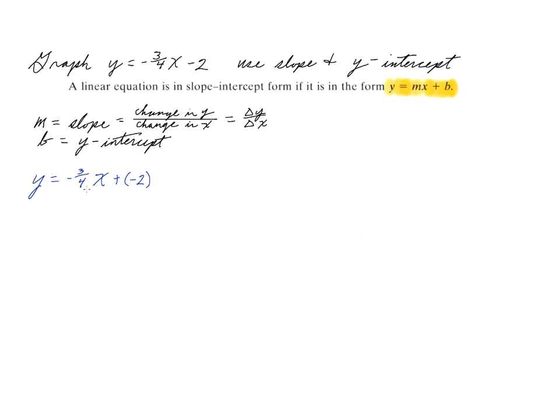So now we have it in the form of y equals mx plus b, where m, the slope, is negative 3/4, and b, the y-intercept, is negative 2. So let's write that. M, the slope, is negative 3/4, and b, the y-intercept, is negative 2.